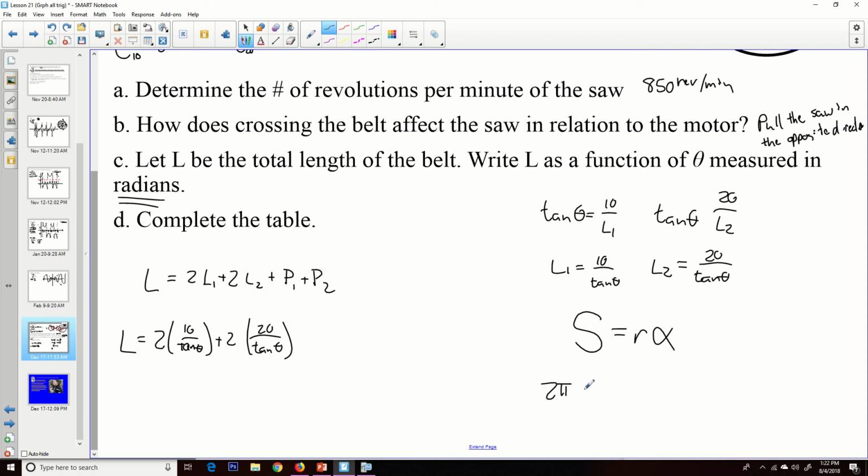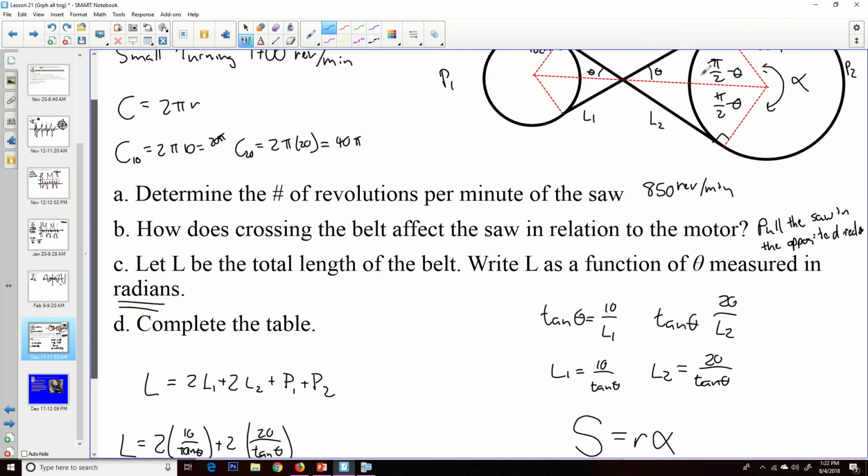And so that'll be equal to the alpha that we're looking for plus pi over 2 minus theta, plus pi over 2 minus theta.